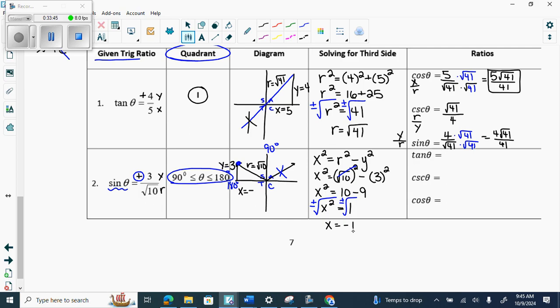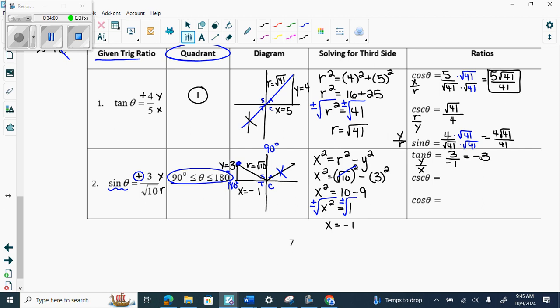All right. Let's do our trig ratios. So it's tan, your y over x. So this one's going to be 3 over negative 1. So it's negative 3. Cosecant is friends with what? Sine, right?